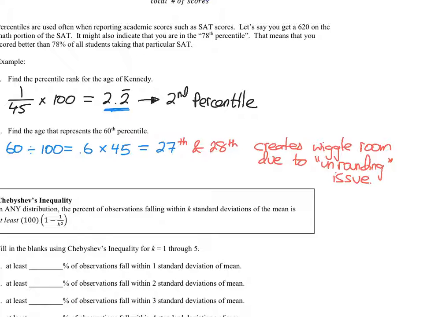All right, so now I need the 27th and 28th values. Well, the data is in ascending order, right? It was all jumbled up? Okay, so let's make it in ascending order. In my stat editor, I have all my information in L1. I really don't need anything else, so let me get rid of all that.